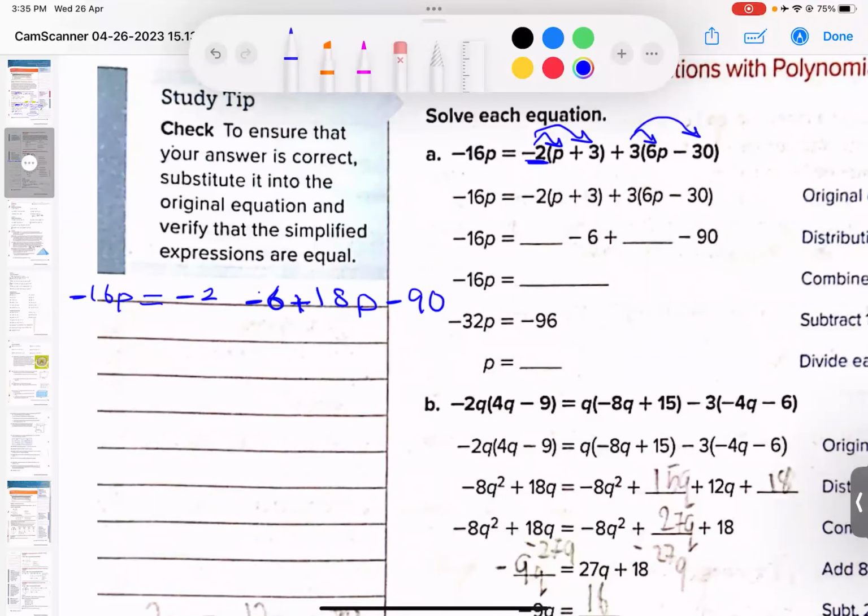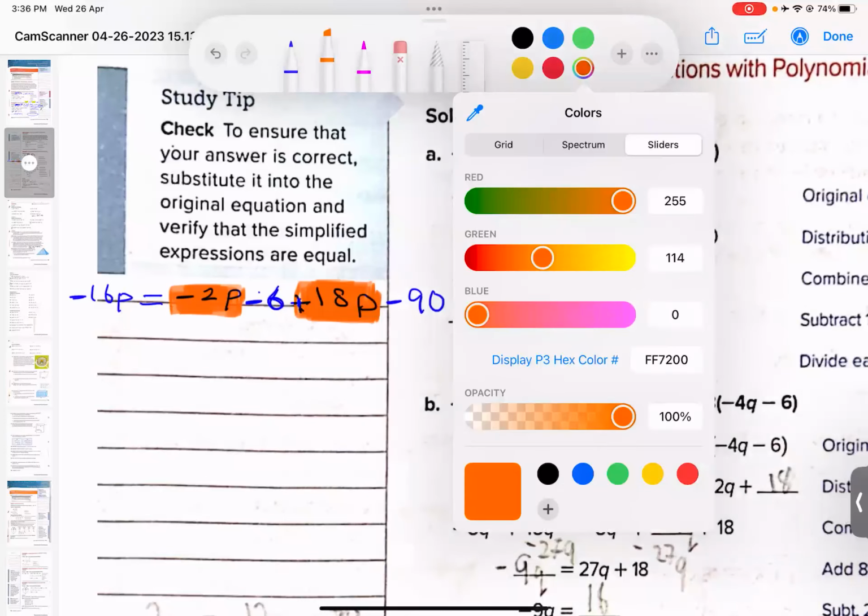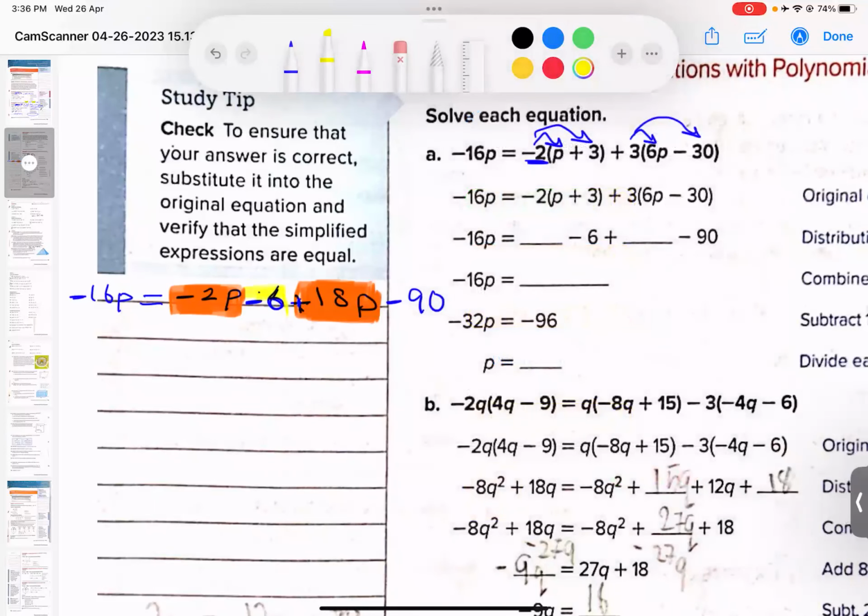Yes. So right now, let me combine. We have -2p and positive 18p, right? Yeah. And we have -6 and -90, right? I'm trying to make it simpler than this, because this seems annoying.